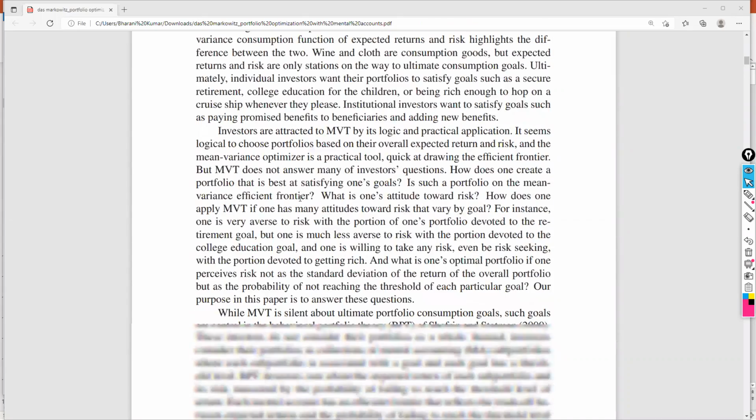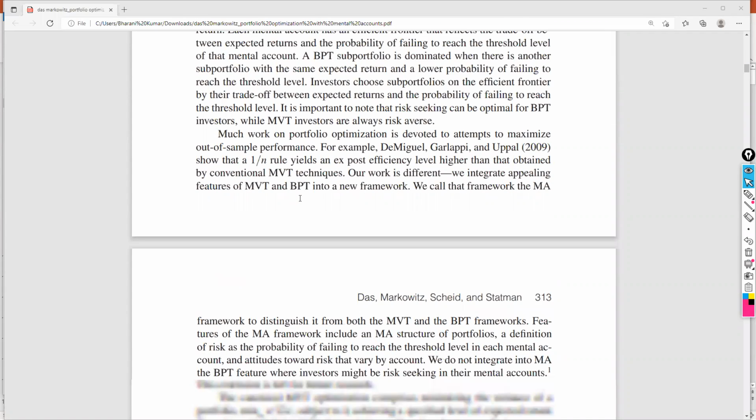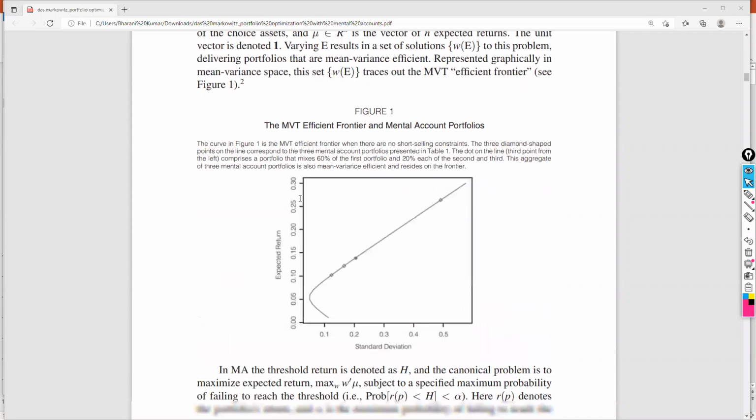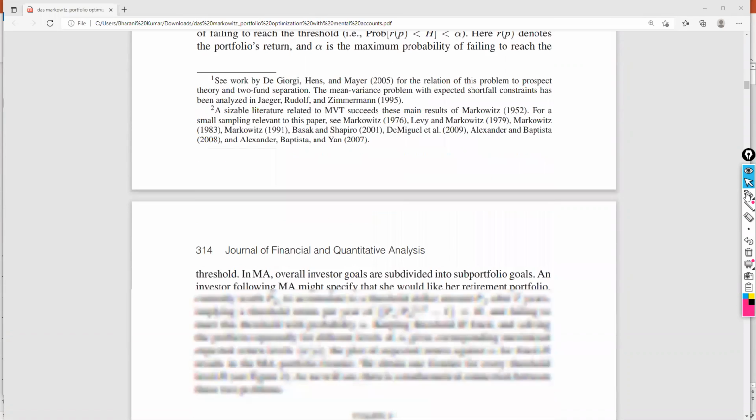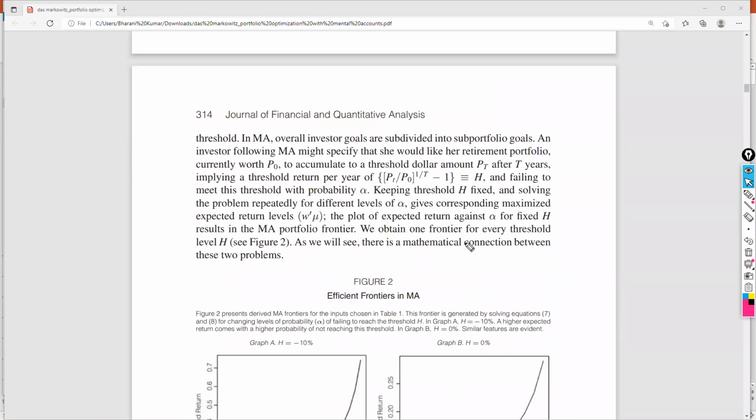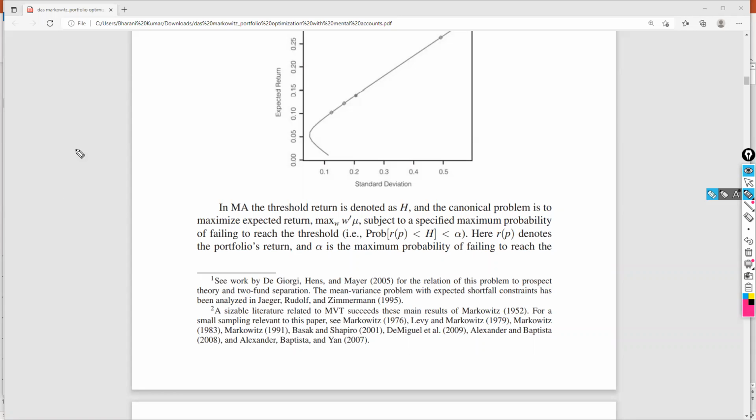So here, if you observe carefully, they came up with values such as H and alpha. So let me write it here.